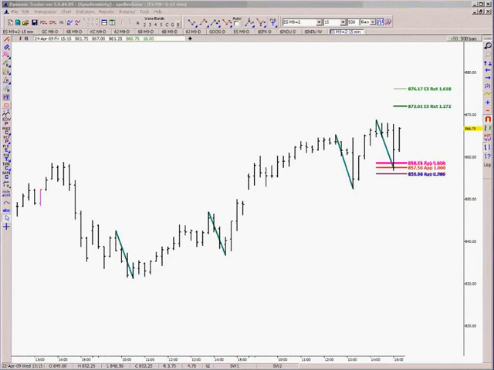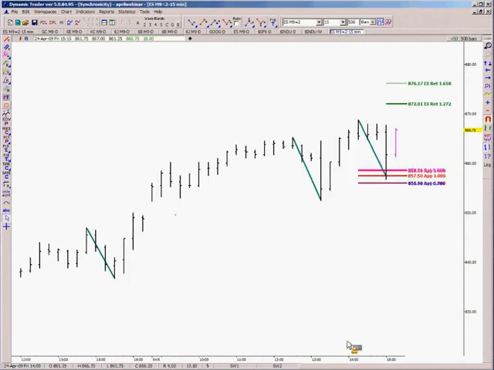Okay, question is, how close do you consider the cluster lines to be valid? 10 ticks? Not really. Let's say in this example on the 15-minute chart, the low end of the zone is pretty much 856.